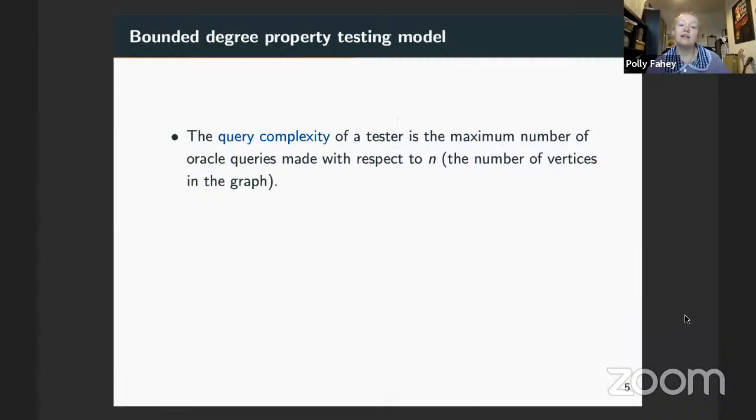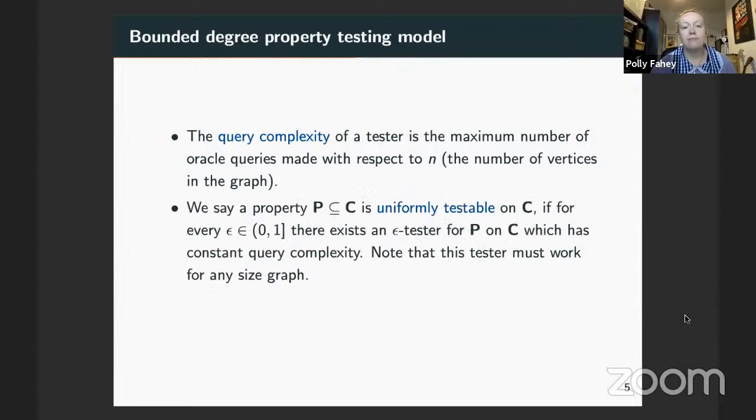So the query complexity of a tester is the maximum number of oracle queries which are made with respect to n, where n is the number of vertices in the graph. And we're interested in making sure that the query complexity of our testers is as small as possible, because if we have good query complexity, then we're likely to have good running times, okay?